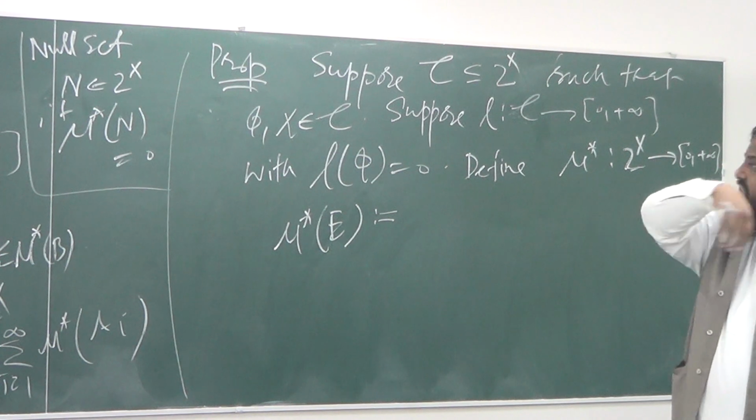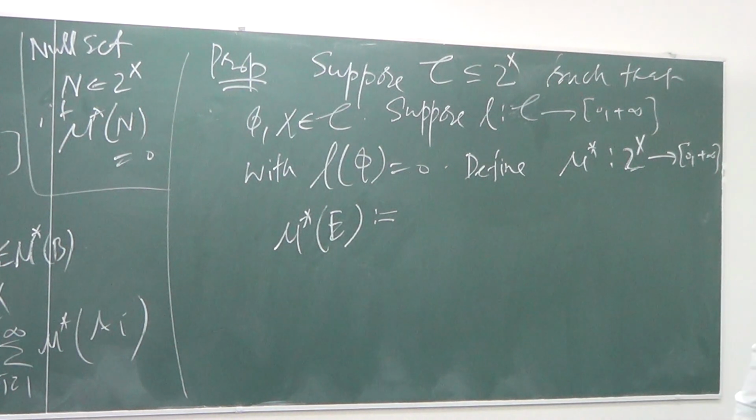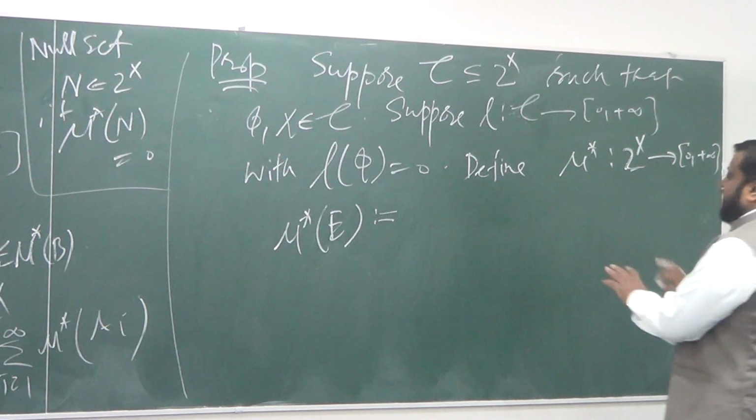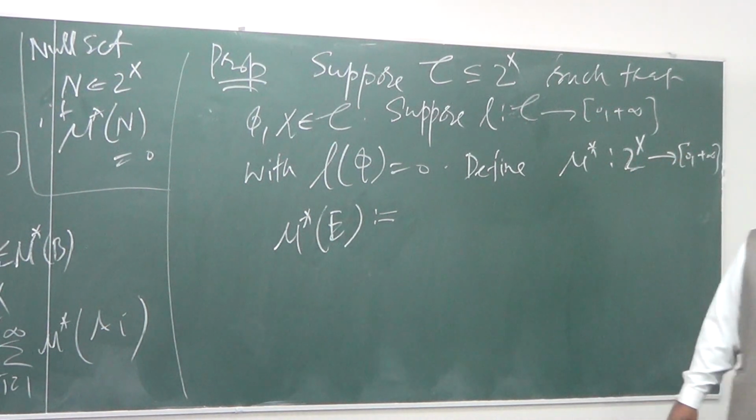When X is R and A is 2 to the X and you have some notion of length, you can define the measure of E to be the infimum, the smallest of all lengths which cover E.